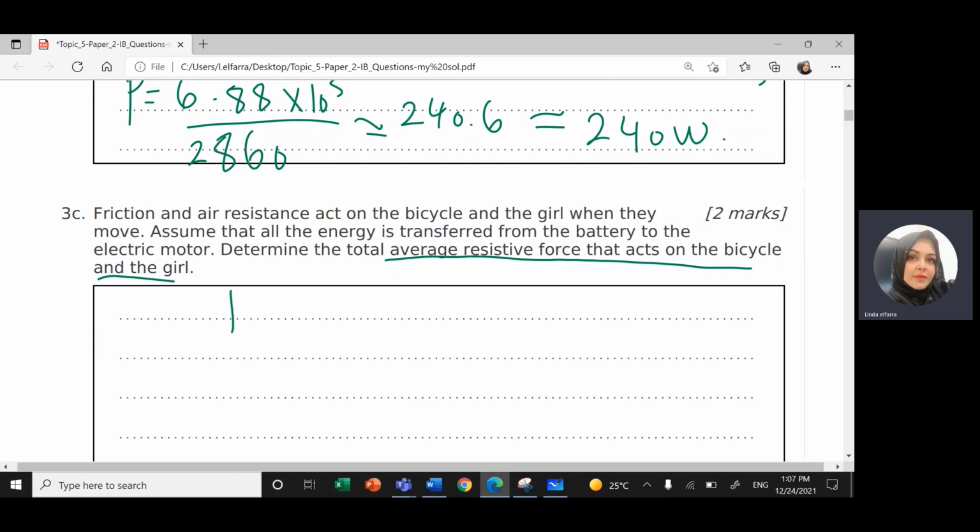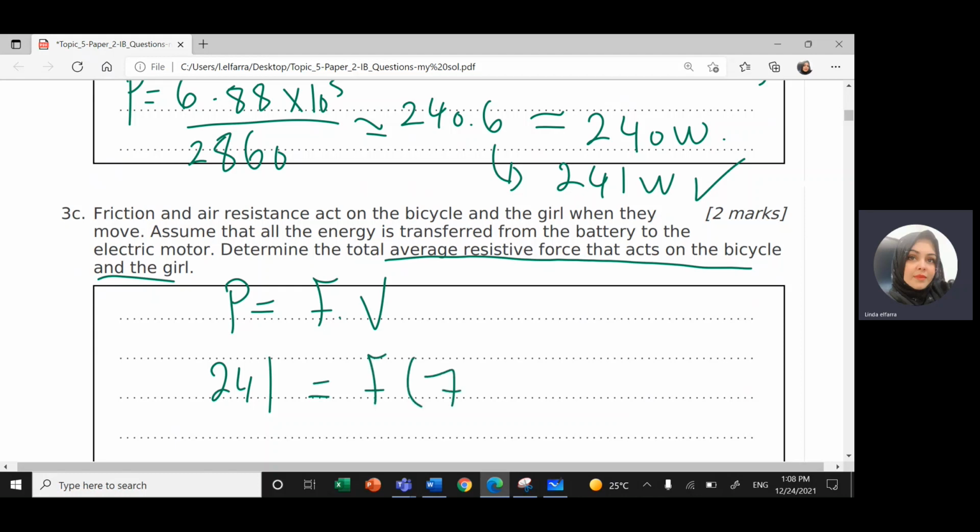We can use the other formula for power, which equals force times velocity. Power here is 240, or 241, because if we round it up, it's also correct. So we can use the power 241 from part 1 or 240, both are correct, equals force times velocity, velocity 7. Divide both sides by 7.